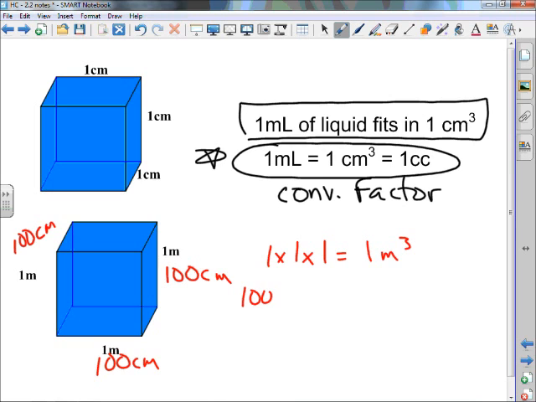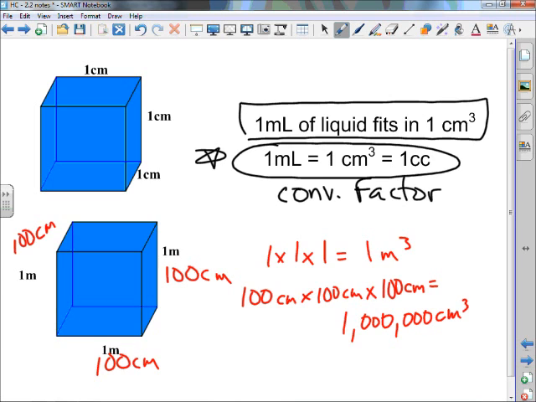But we have 100 centimeters times 100 centimeters times 100 centimeters, which equals a different value. And what we end up getting is 1 million centimeters cubed.